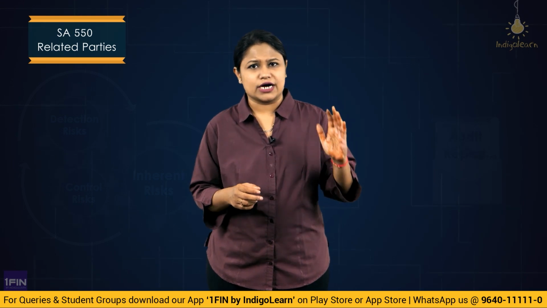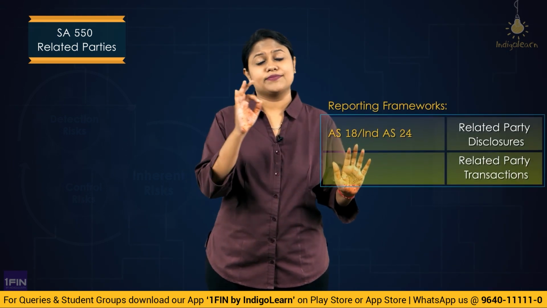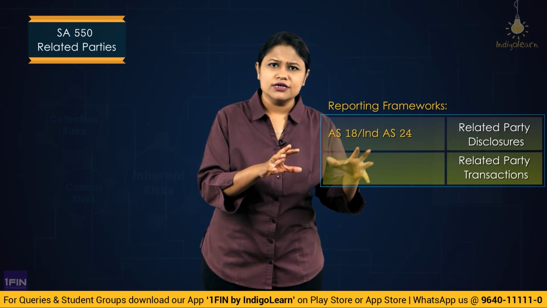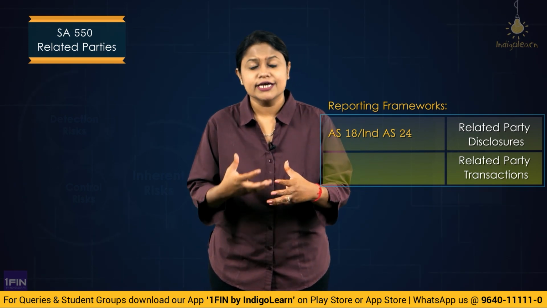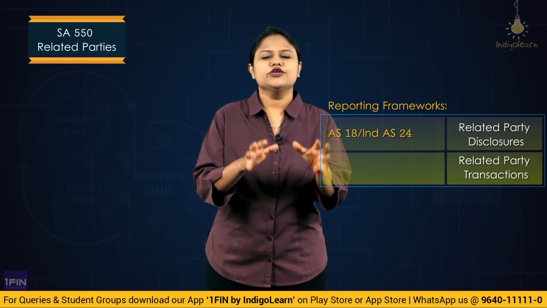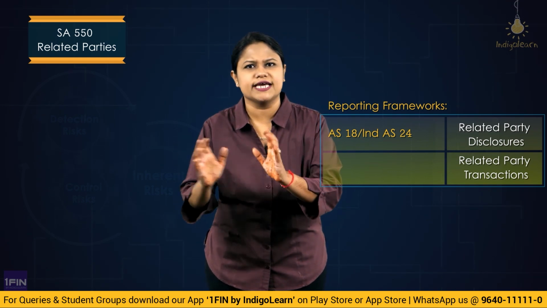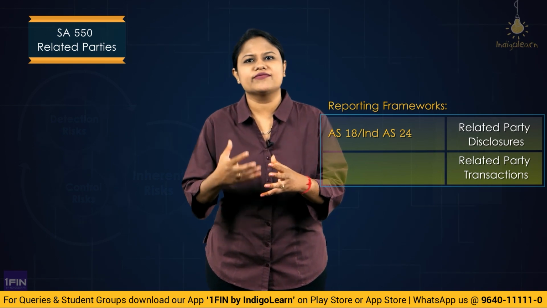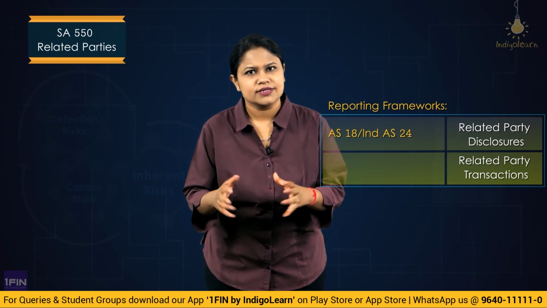So we know there is Accounting Standard 18, Related Party Disclosures, which is telling the management, look, when you prepare and present the financial statements, if there are related parties, you have to give a separate disclosure for the same. You need to identify the related parties and you have to give the nature of the transactions entered. Correct?